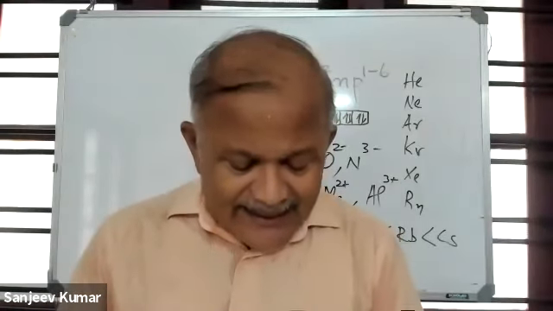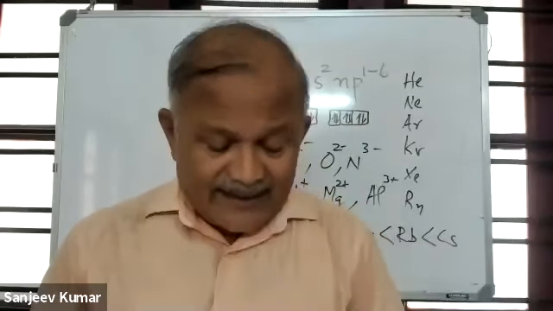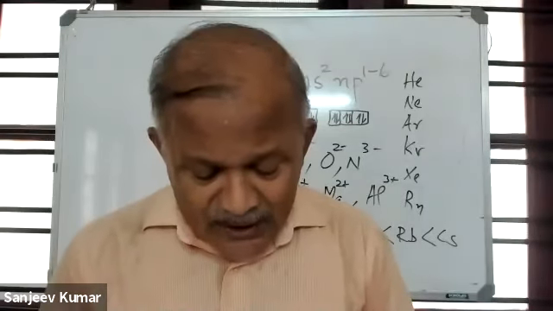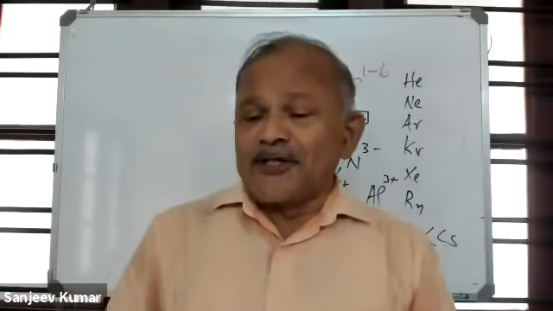Therefore, here it is choice A, argon 3d5 4s1, the electronic configuration of chromium with atomic number 24.